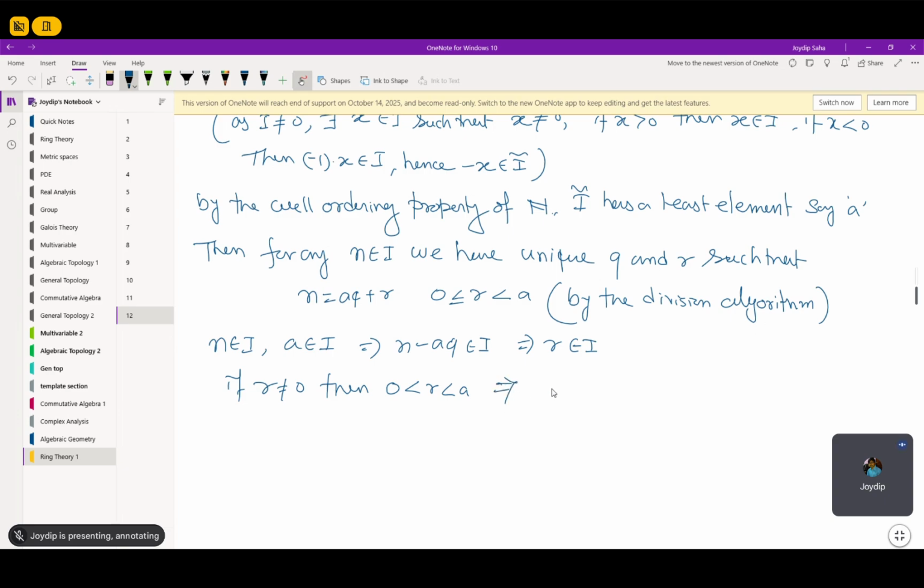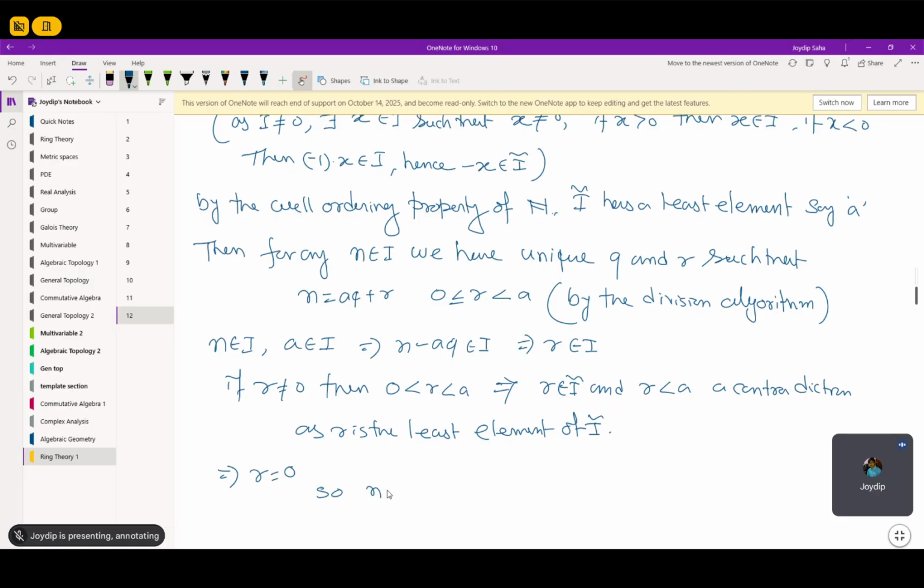This implies r belongs to I tilde and r less than a. A contradiction, as a is the least element of I tilde. This implies r equals 0.